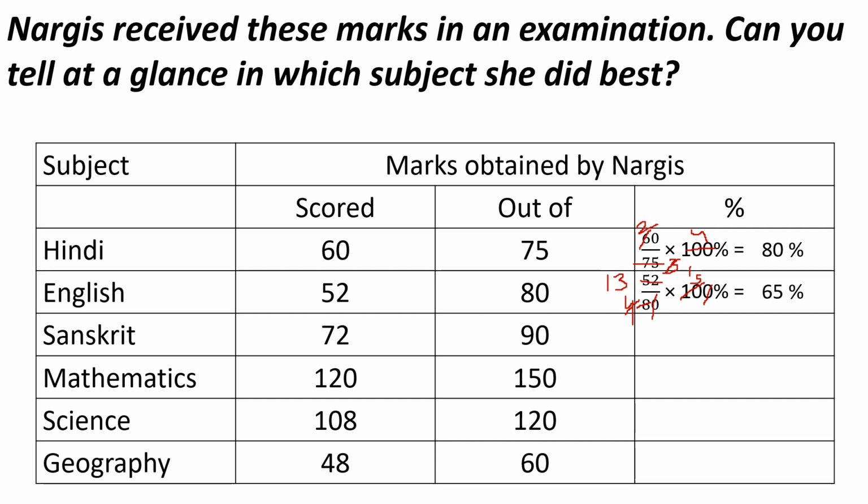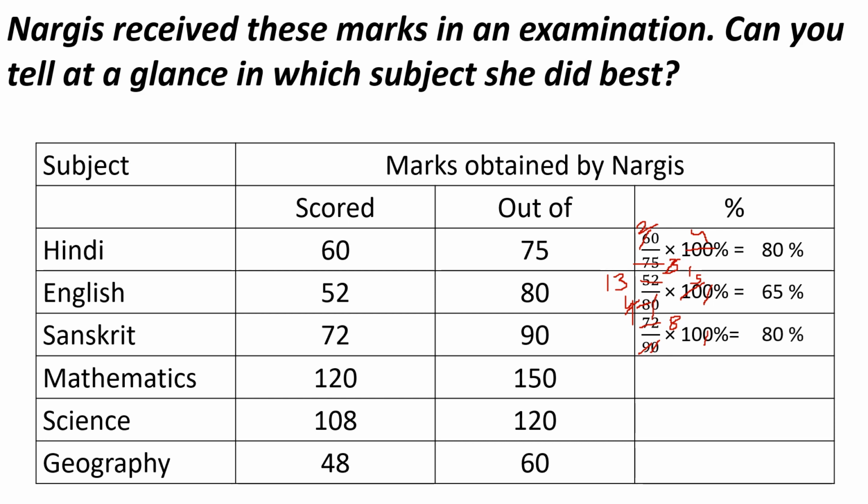Now in Sanskrit, 72 by 90 multiplied by 100. Just solve this. It is also very easy. 0 and 0 will be cancelled and you know that 9 8s are 72. So what is the percentage in Sanskrit? That is 80%.